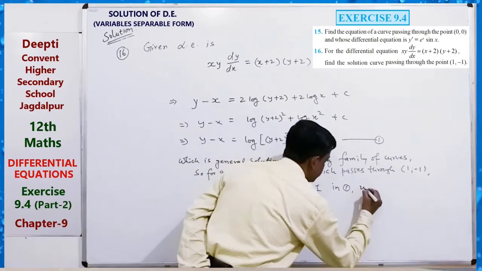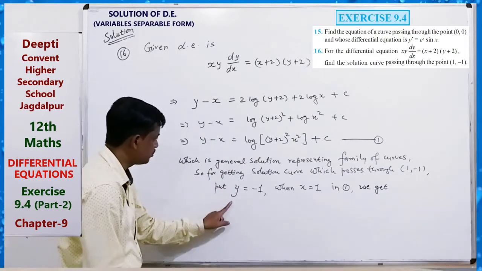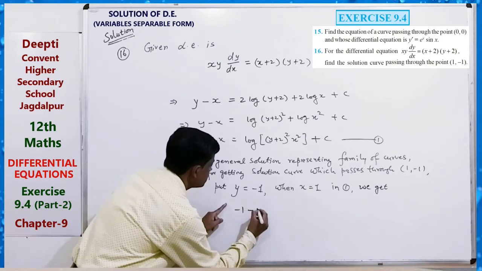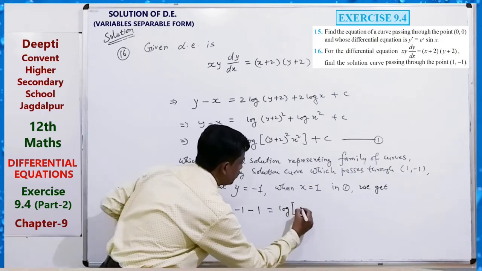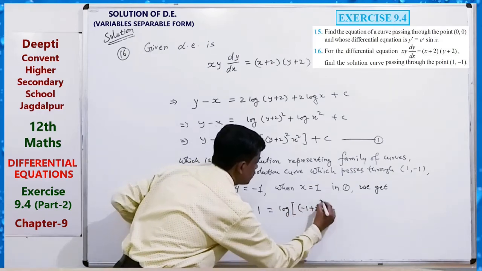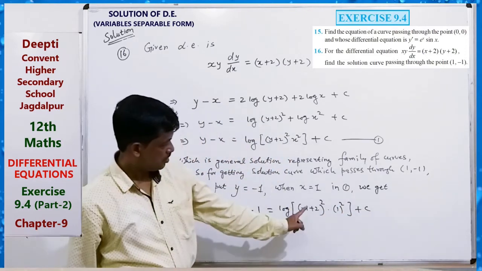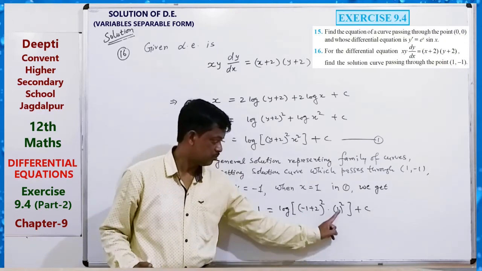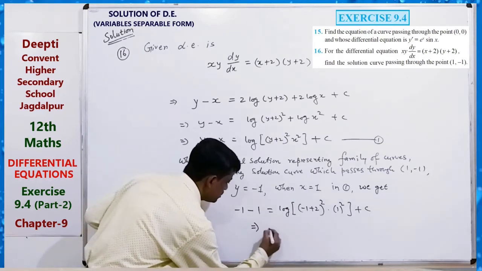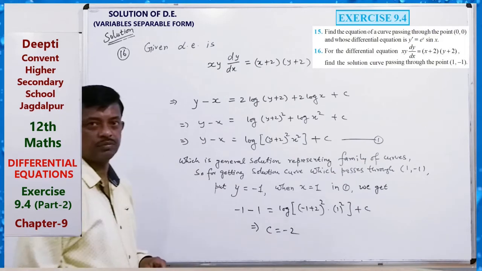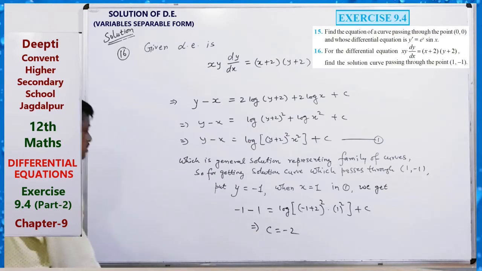We get: -1 minus 1 equals log of (-1+2)^2 times 1^2 plus c. So here (2-1) is 1, 1 squared is 1, log 1 is 0. So -2 equals c. This implies c equals -2. So putting c equals -2 in equation 1, we get the result.